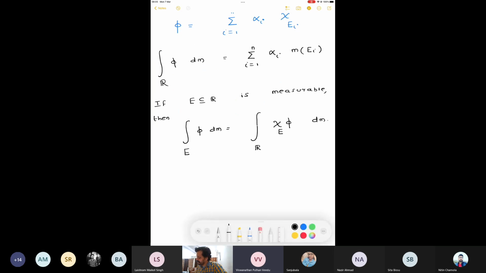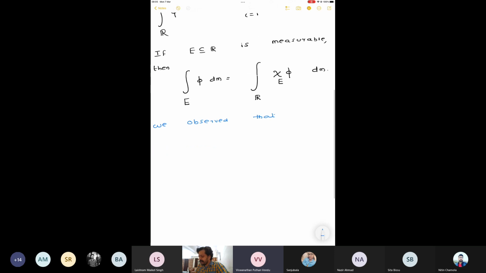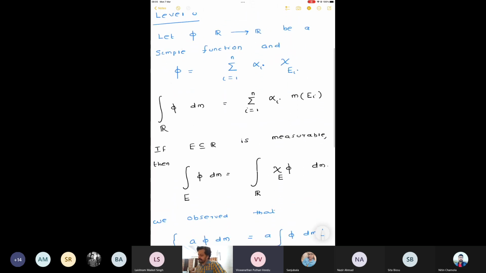And in level 0, you have observed that the integral over E or R, whatever it is, of a phi dm is equal to a times the integral of phi dm.